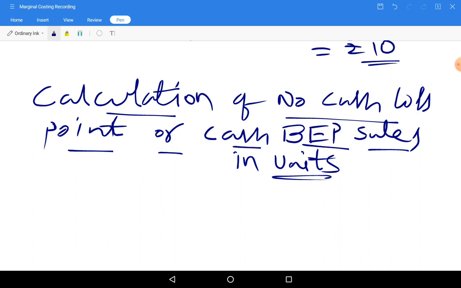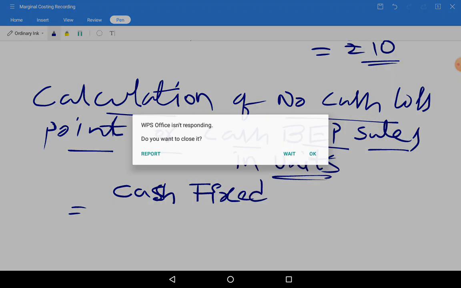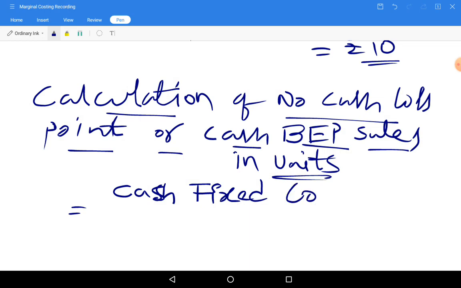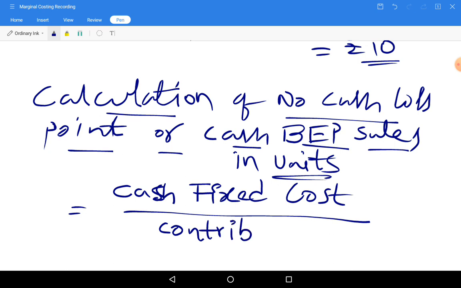So here we need to consider cash fixed cost divided by contribution per unit.